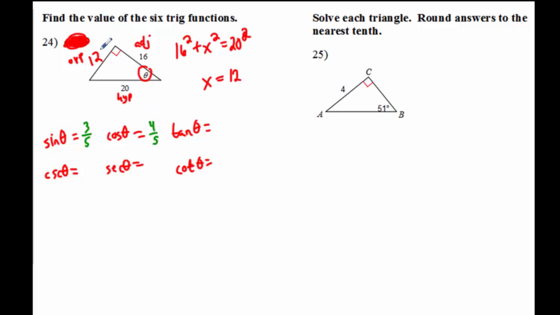Tangent is opposite over adjacent, so 12 over 16, which is 3 over 4. And then we just flip those. Since we already simplified, if we flip, then they'll also be simplified, as long as we flip these answers instead of what we had before. So 5/3, 5/4, and 4/3.